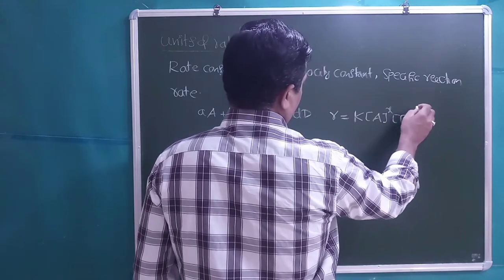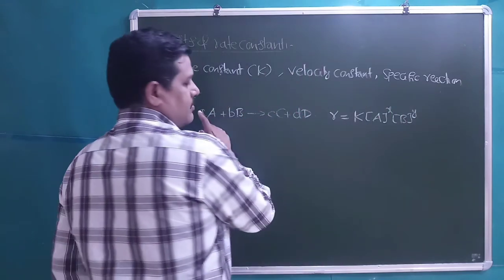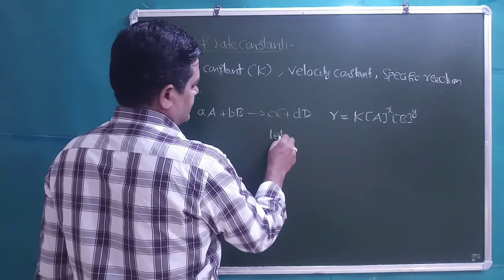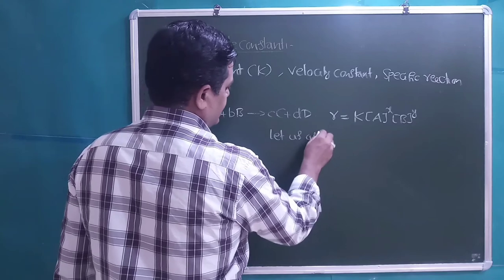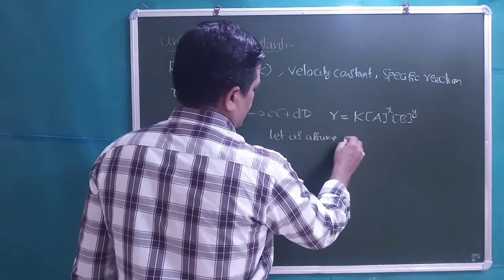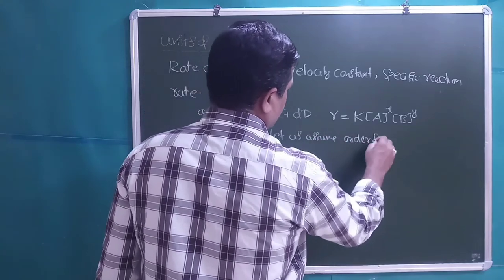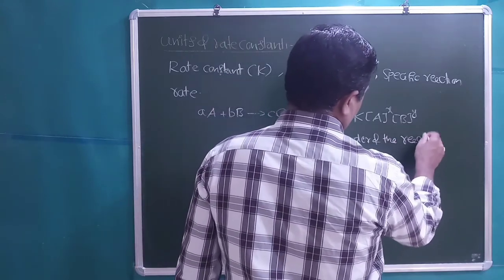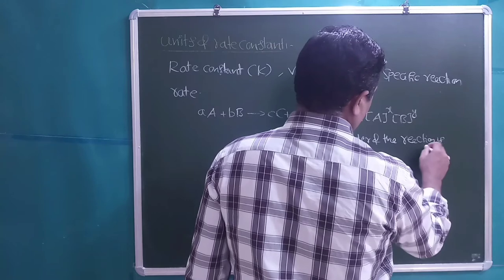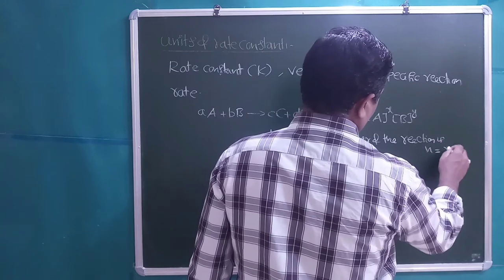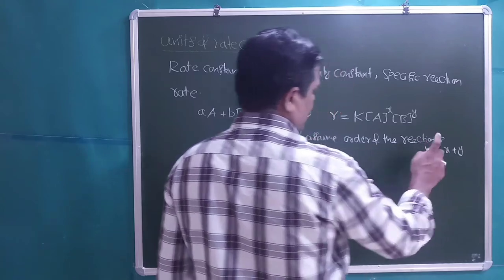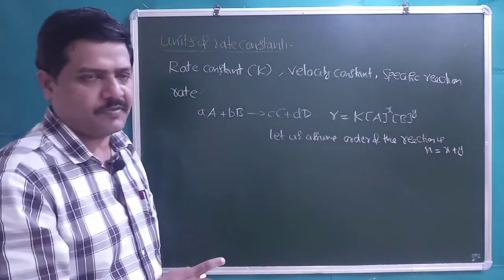Here x, y may or may not be the same as a, b. The overall order of the reaction is n, which is equal to x plus y.